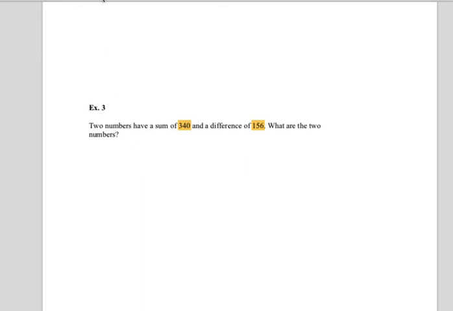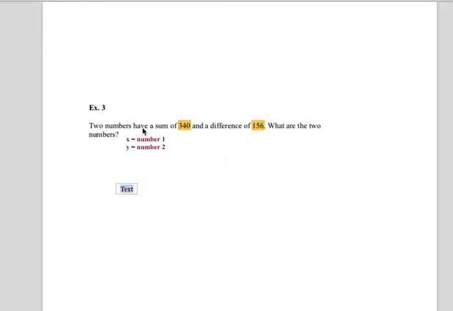So remember the sum is addition. So we have two numbers, x and y, right? So this is going to equal number 1, and this is going to equal number 2. So we've done our first step. We've defined the things we're using.